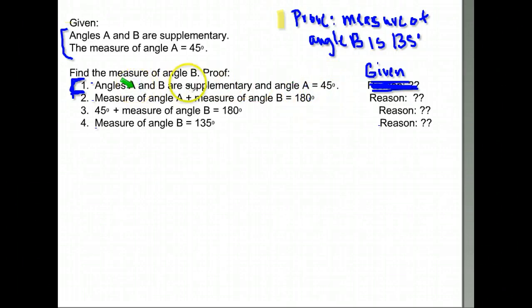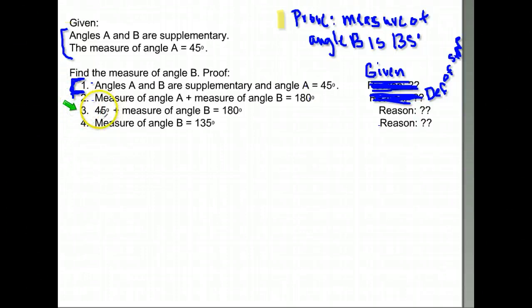Well, the fact that A and B are supplementary tells us that when we add them together, they're going to equal 180 degrees. So our reason for that is because that is what supplementary means. Okay, so our reason there would be definition of supplementary. And I have a cleaner page I'll go to next. So we've justified step 2.